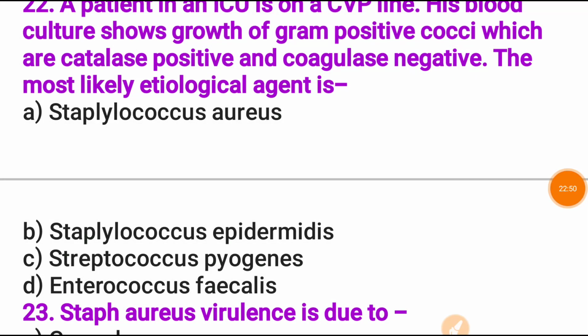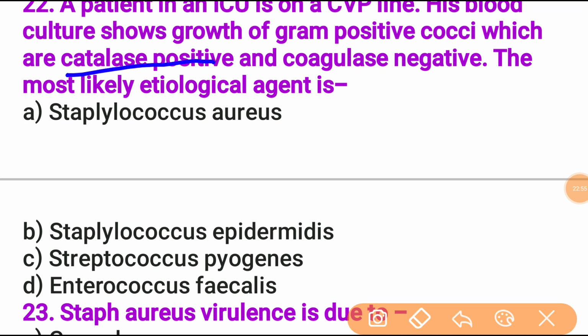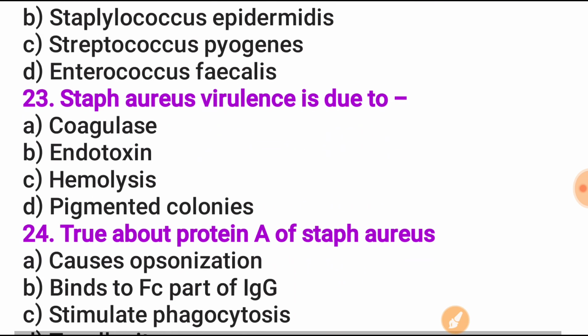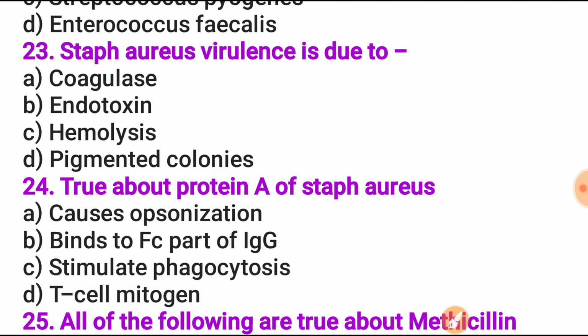So according to this question, the catalase is positive, that means Staphylococci, and coagulase negative, that means it indicates coagulase negative Staphylococcus. So you have to choose the right answer. I will also upload this topic in a separate video.